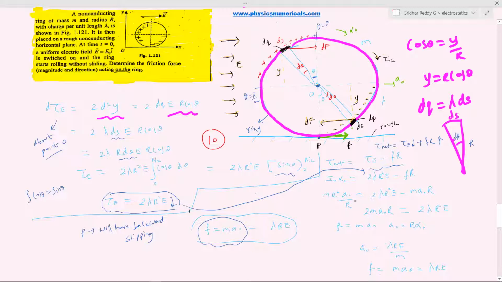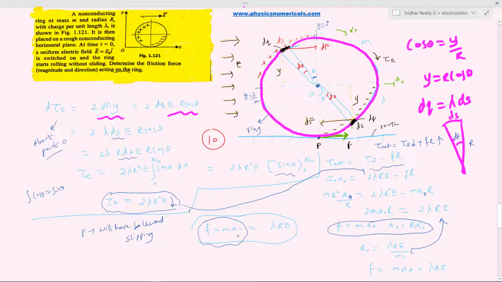Then solving this, we'll get the expression for acceleration of the center of the ring, which is 2 m a naught r equal to 2 lambda r square E. R gets cancelled. So a naught is equal to how much? a naught equals R alpha, that I substituted. A naught is equal to lambda R E by M.